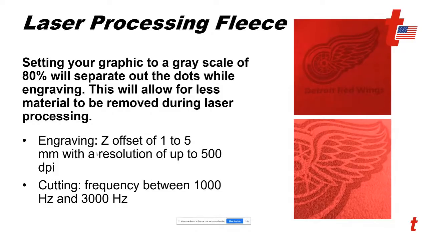You can convert your image to grayscale, and it separates the dots out a little bit, giving you a halftone effect and producing less removal in the material, so that you don't get as much melting effect. Again, just like with the other fabrics, we can offset our Z a few millimeters, and we can run resolutions. I find around 333 works really well, up to 500. A cutting frequency of 1,000 to 3,000 hertz is going to give you that nice sealed cut edge.